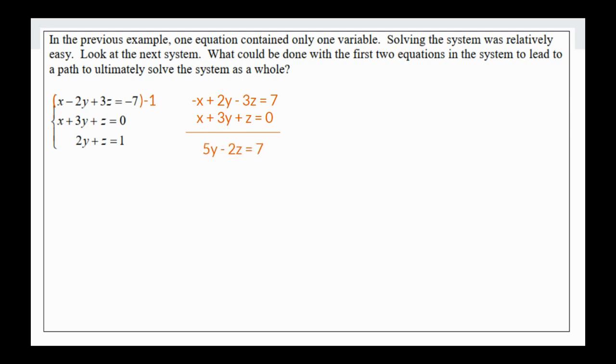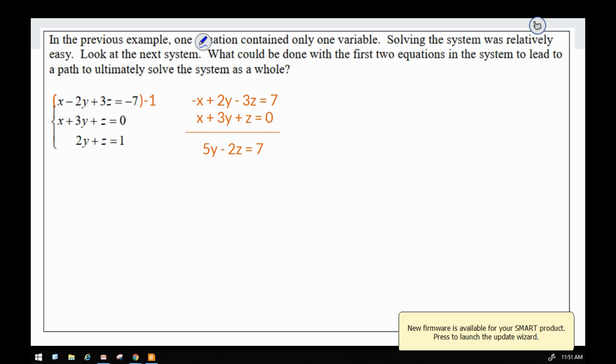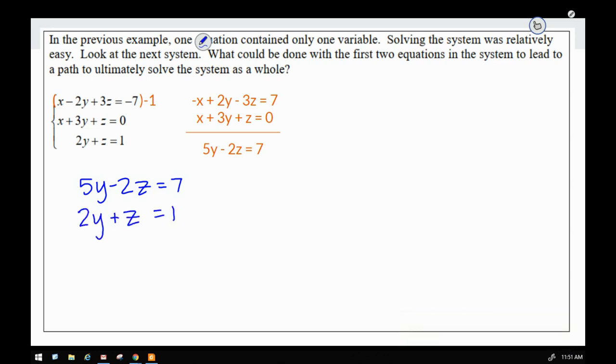Which is going to give me the equation 5y minus 2z equals 7. Okay. So now, if I wrote it like this, then I would have this equation and my last equation here. So 5y minus 2z equals 7, and 2y plus z equals 1.